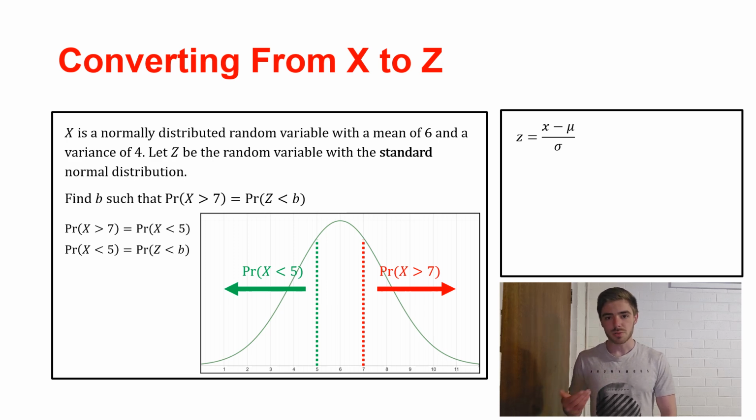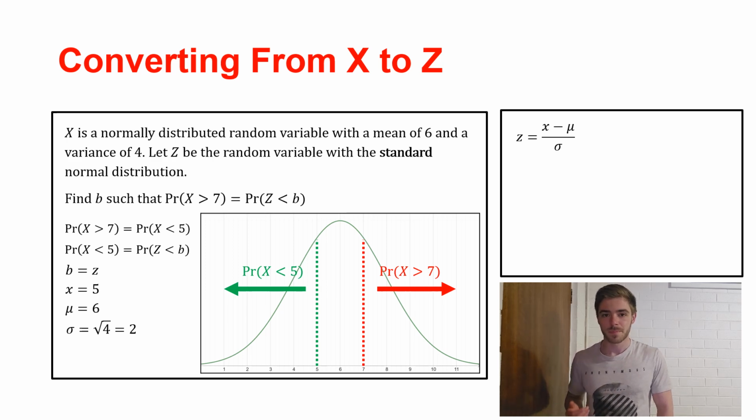The b value that we're looking for is a z-score, so it's going to go in the z spot. We've just found out that the equivalent x-score is going to be 5. We also know that the mean is 6, so the mean of 6 will go in that spot as well. The standard deviation we have to actually calculate. We were told that the variance is 4, and we know that the standard deviation is always just the square root of variance. So standard deviation is going to be the square root of 4, or just 2. After doing a bit of rearranging, we solve for b.